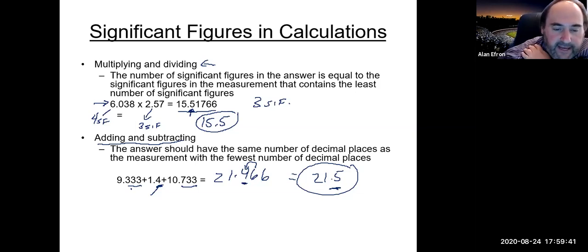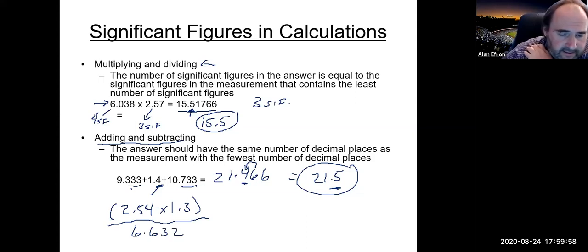So again, if we were taking 2.54 times 1.3 and then dividing that by 6.632, we would typically, in terms of math, do the stuff in the parentheses first.